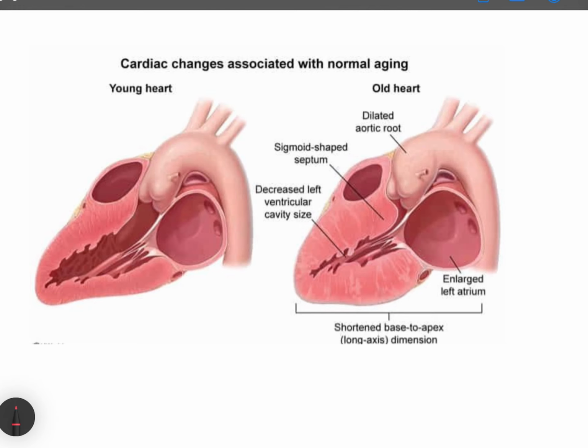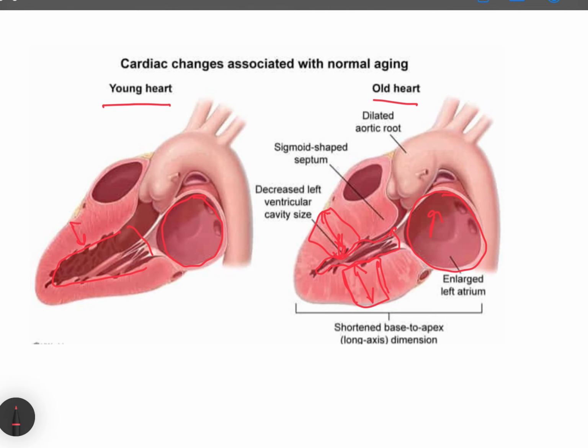This is a diagram of the young heart and the old heart. In the young heart, this is the size of the ventricular cavity, and this is the size of the atrial cavity. But here the ventricular cavity size decreases while the atrial cavity size increases. Also, the size of the septum is increased.